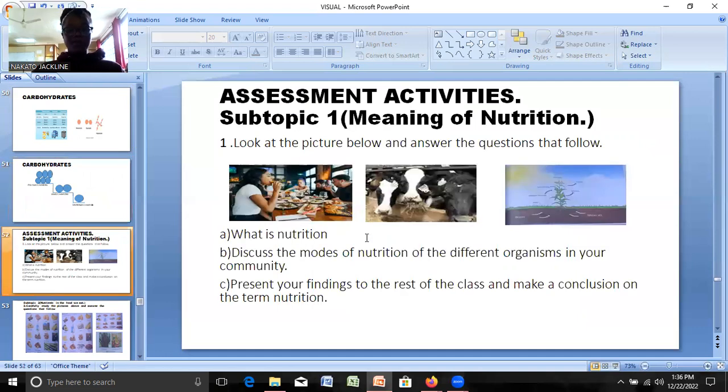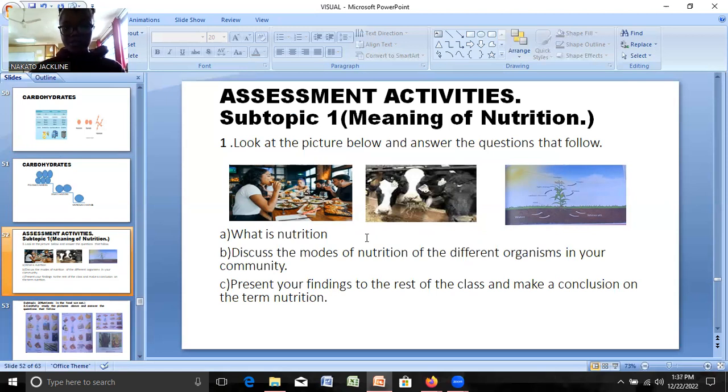So we go to the assessment activities from the different subtopics as I wrote above. We have the first subtopic, the meaning of nutrition. I gave some pictures, and this will help deaf learners to easily relate to what they see in their environment, and write and answer the questions in this section.